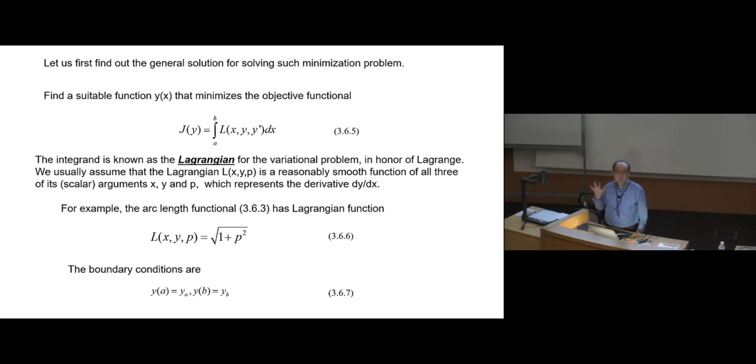So we want to search for a function which satisfies those 2 conditions such that this integral is minimized. This is a more general form, and we want to find the solution. We are going to use the way we derived the Euler equation to derive an equation for this kind of minimization problem. Any questions?